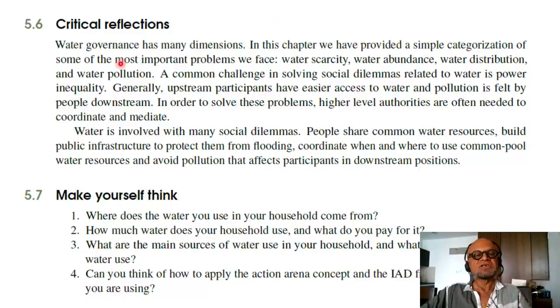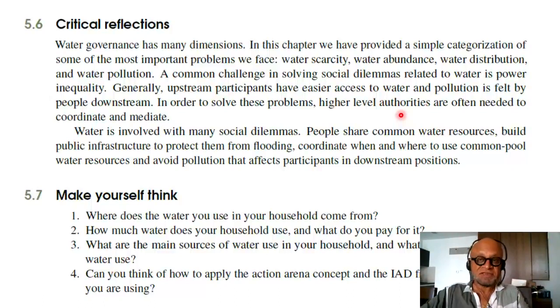Critical reflections here. Water governance has many dimensions. In this chapter, we have provided a simple categorization of some of the most important problems we face: water scarcity, water abundance, water distribution, and water pollution. A common challenge in solving social dilemmas related to water is power inequality. So that comes to economics and physical access.